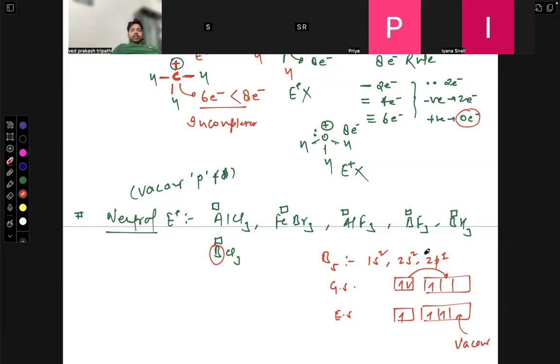So this is p, so we can say this one has a vacant p. So all the species which have vacant p and d can act as electrophiles. Make sense? So that's why boron containing species act as electrophiles. Clear? So you can just memorize the first elements like aluminium, iron, boron. And these are the most common examples. Any doubt?